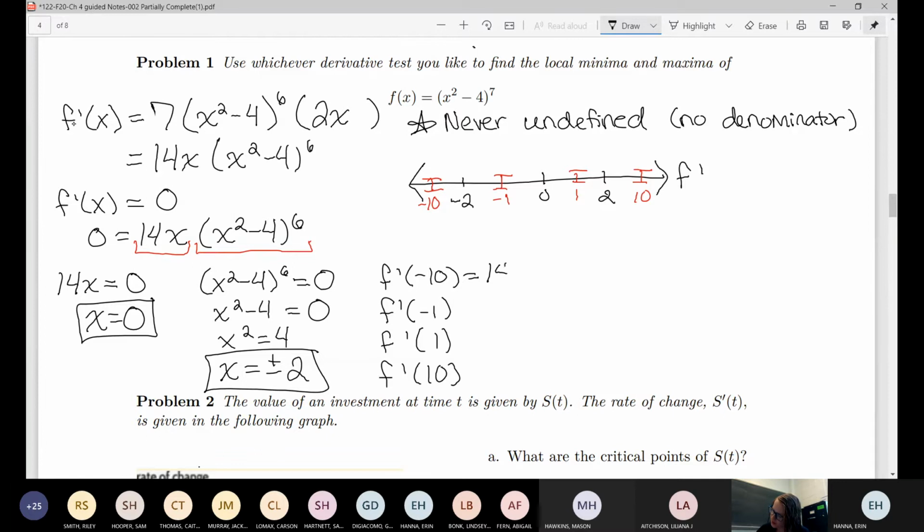So we'll have 14 times -10. -10 squared will be 100, minus 4, to the 6th.